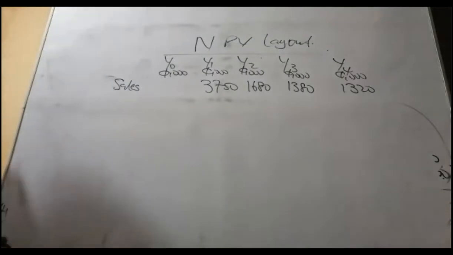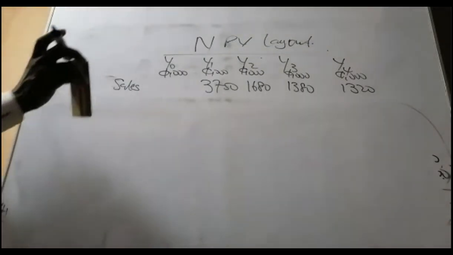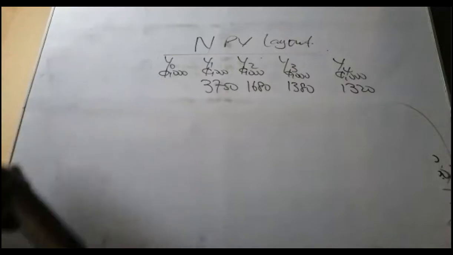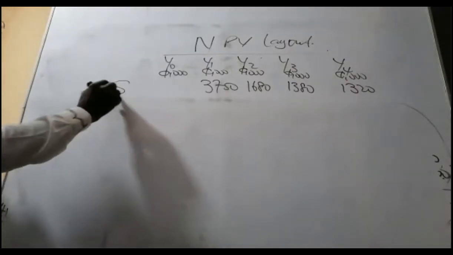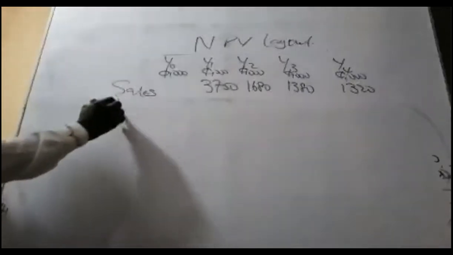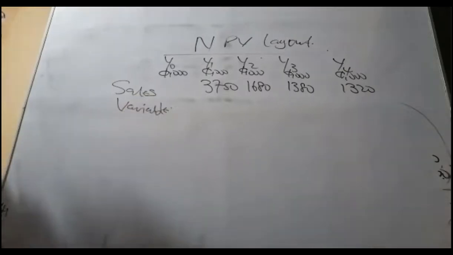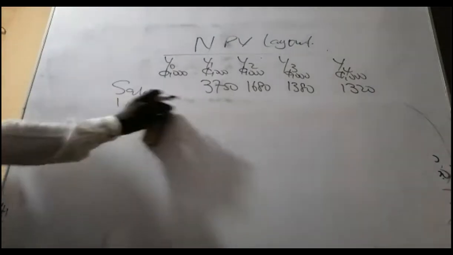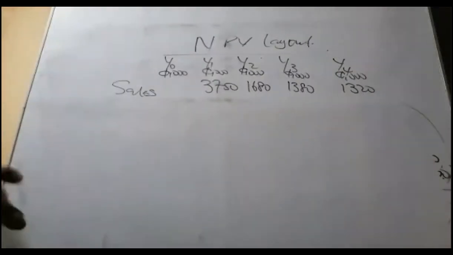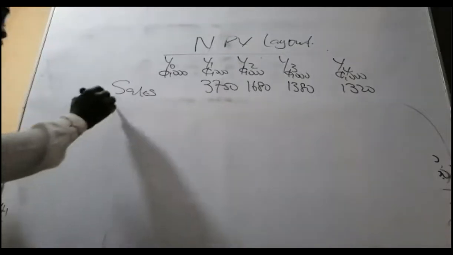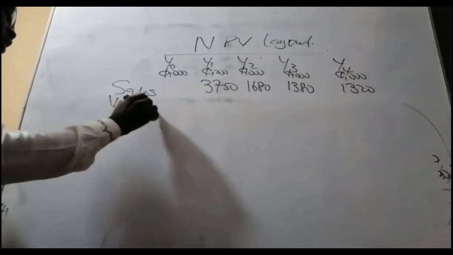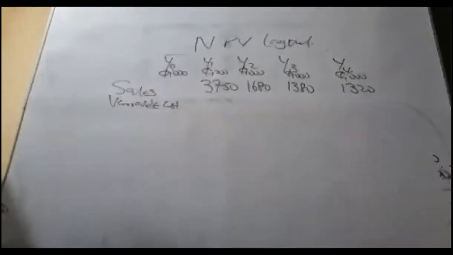Now let's go to the variable costs. What is the variable cost in this question? Let's do some few adjustments here.